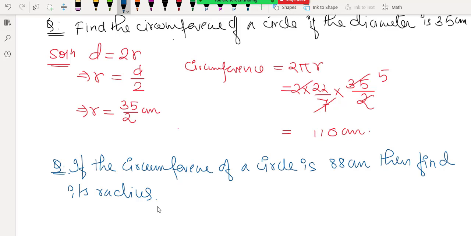You have only 2 minutes. Circumference is already given and this time we have to find the radius. Fast, do it fast.